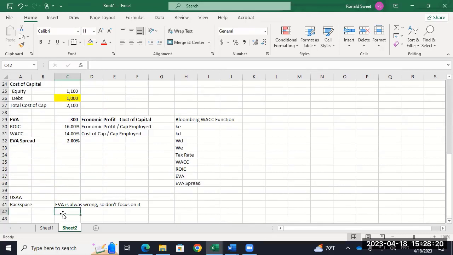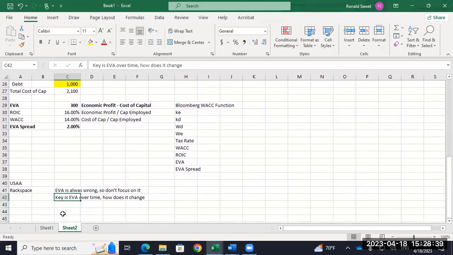He said the key is EVA over time. How does it change? That's what you focus on. You come up with a formula, you agree with it, and then you watch it over time. Don't get too worked up on whether it should be X% or whatever, just pick a number and go with it.